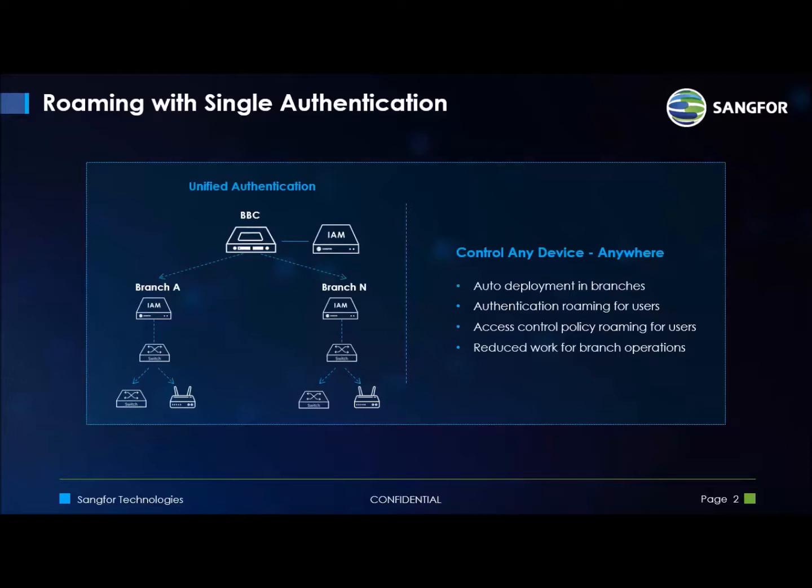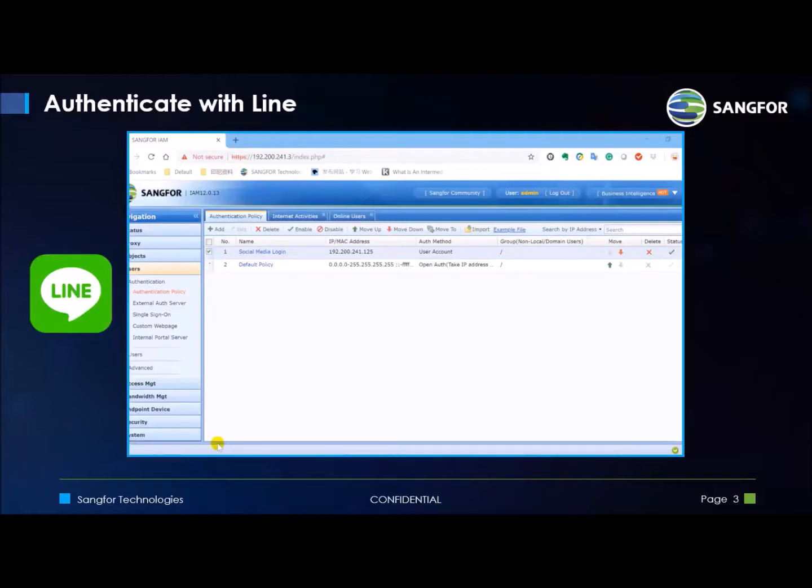This is what we call control any device, anywhere. In the later slides, we will introduce the authentication methods we provided in the previous firmware and also in the latest firmware, and how we can make authentication easier with Sangfor IAM.